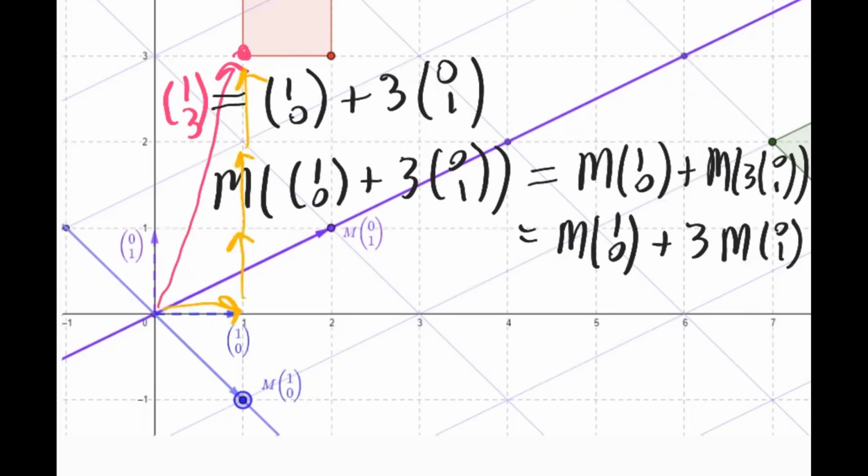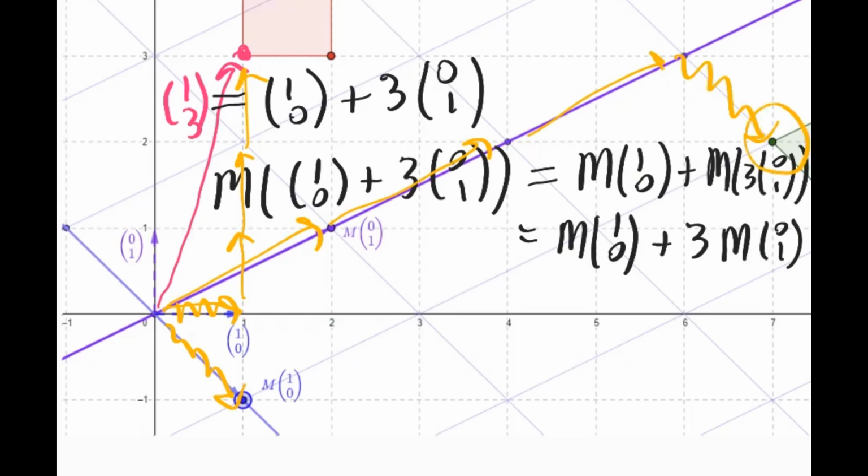Then we just look at how each of those gets mapped. So let's make this one squiggly. This squiggly one is sent over here, and the other one is sent here. So we want 3 of these and 1 of these squiggly ones, and we end up getting this.